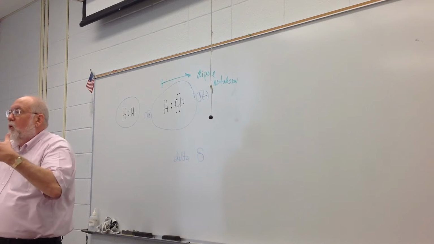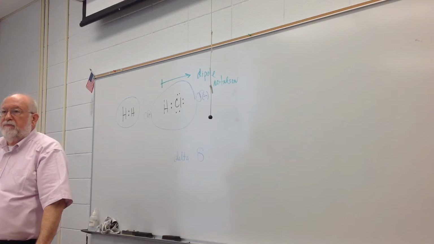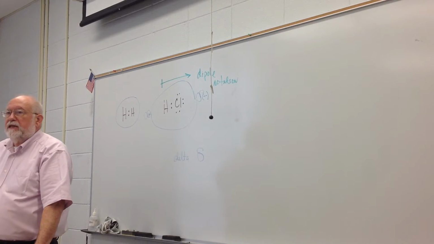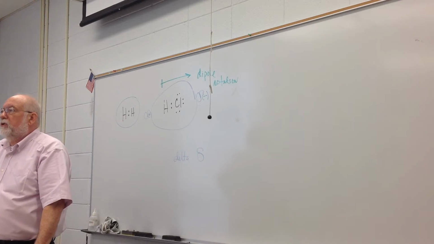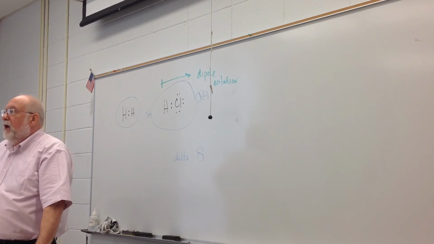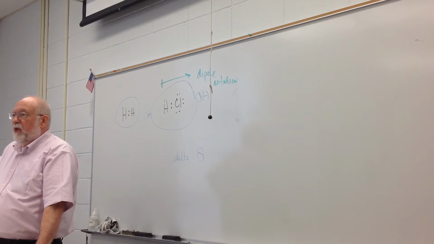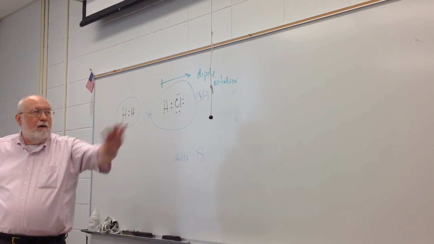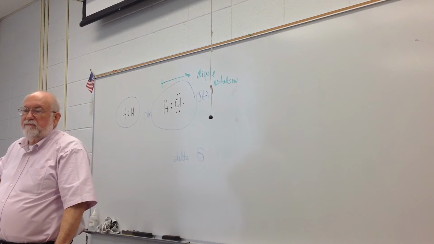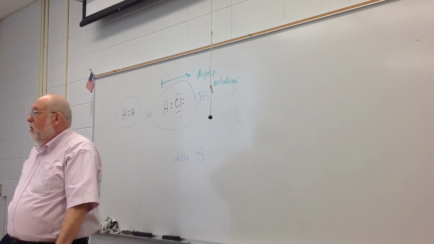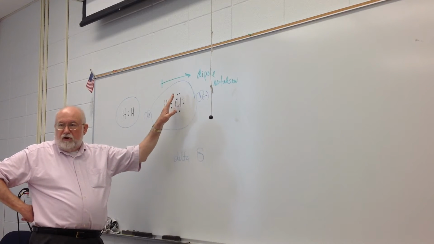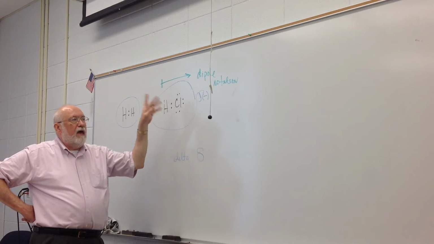It tends to pull the electrons toward it, away from the hydrogen. So the chlorine end of this molecule takes on a partial negative charge, and the hydrogen end, by extension, will have a partial positive charge. And remember now, both molecules have a neutral or zero charge on them, because molecules are neutrally charged. All right? But here we have a partial separation of charge, making this a polar bond and a polar molecule.